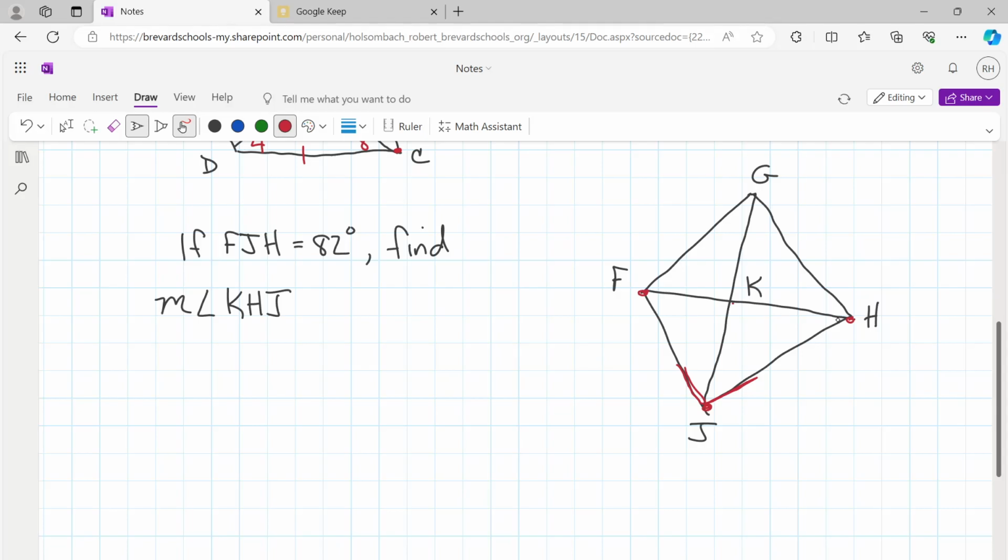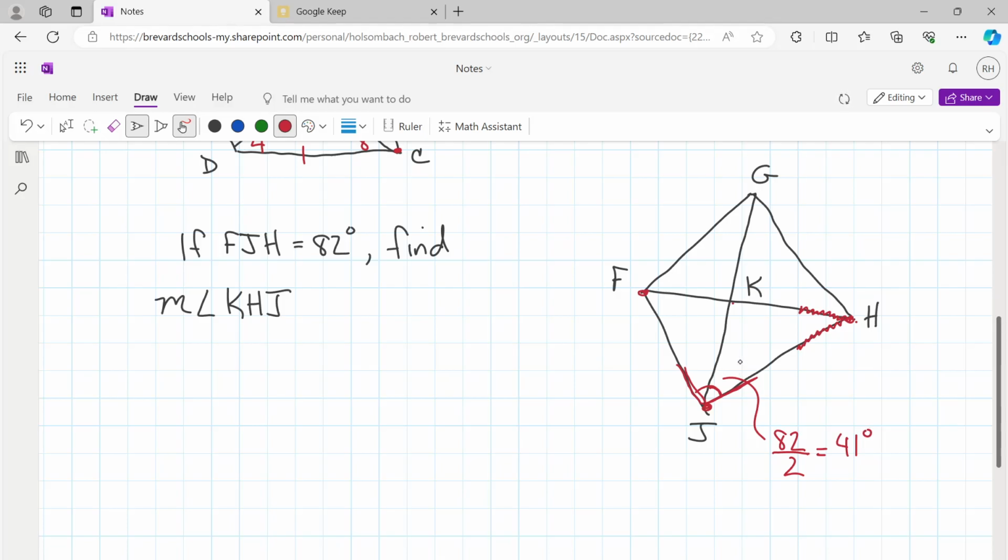So KHJ. All right, look, we need this angle right here. If FJH is 82 degrees, aren't these two angles congruent? And if those two angles are congruent, they're each going to be half of 82. So this angle in here is 82 divided by 2, which is 41.